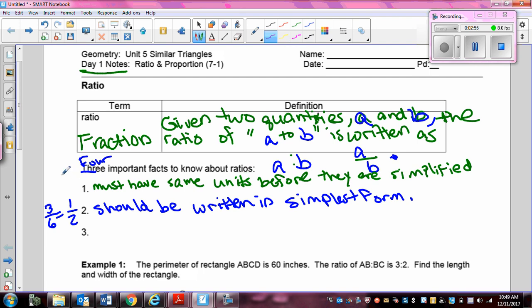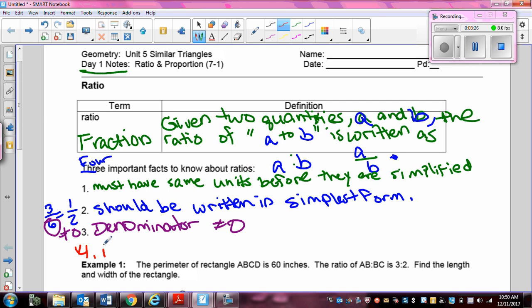Number 3, the denominator cannot equal 0. The denominator is the bottom part, so the 6 cannot equal 0. And last but not least, number 4, we need at least 2 quantities. We're not going to simplify it to a whole number.